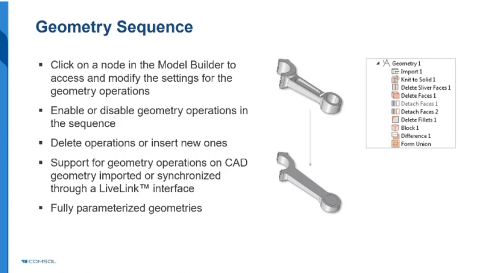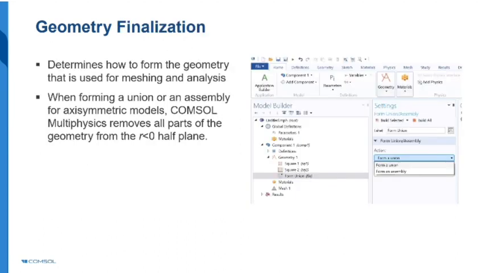In this case, you can have fully parameterized geometries. As of now, I have just shown you how to create that block, but you can create very complex geometries wherein the various parameters are defined to start with, and any geometric dimensions that you define in your geometry sequence could be a function of different parameters. So fully parameterized geometries are also possible.